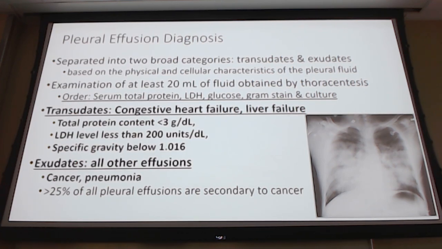If it doesn't meet those criteria, then it is exudative, and mostly it's going to be cancer, or pneumonia. So when you think exudative, think cancer, pneumonia, infection. You really need to know the content of the labs, what the actual fluid makeup is, to really figure out what it is.